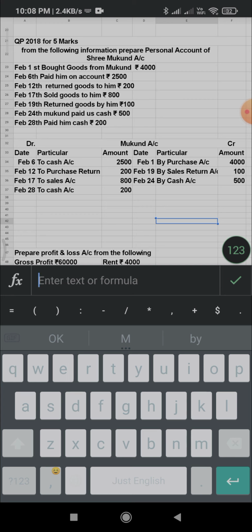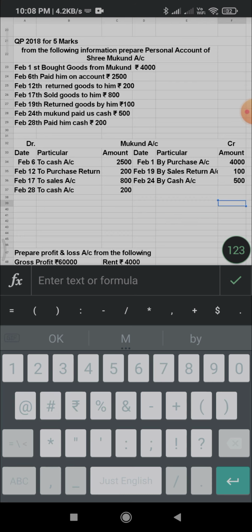Now we'll total the account. On the debit side we total 2500 plus 200 plus 800 plus 200. So the total is 3700. The debit side total is 3700 and the credit side total is 4600. So the credit side total is greater than the debit side.